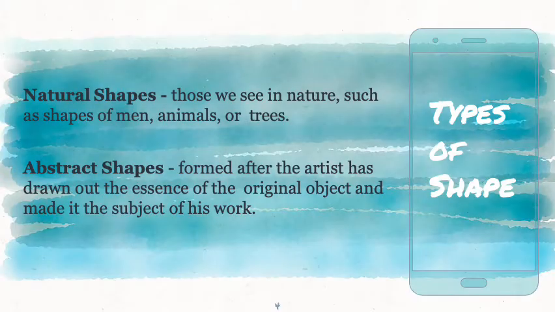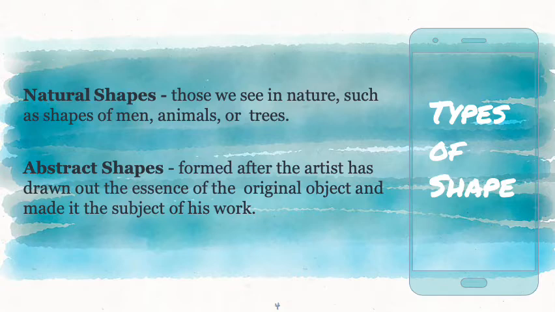So let's continue. We have different types of shapes. We have the natural shapes and the abstract shapes. Natural shapes may be interpreted realistically, or they may be distorted.